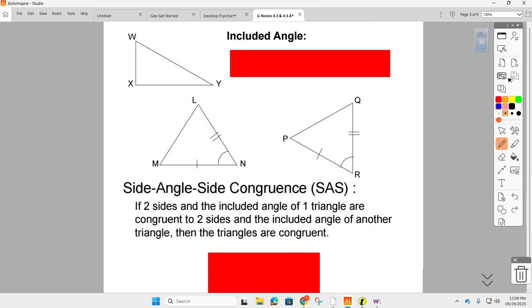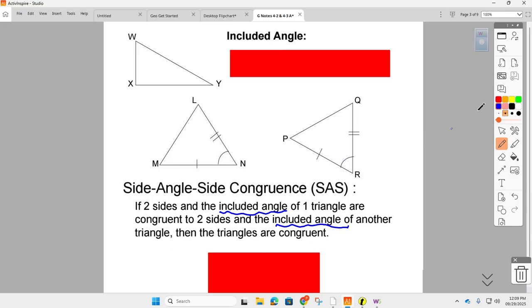Okay. The next shortcut we can use to prove triangles are congruent, another three corresponding parts: two sides and an angle. Here, two sides and an angle. If we know two sides are congruent and one angle, well, it does depend on the angle. So here you can see that it says that two sides and the included angle of one triangle are congruent to two sides and the included angle of another triangle, then the triangles are congruent.